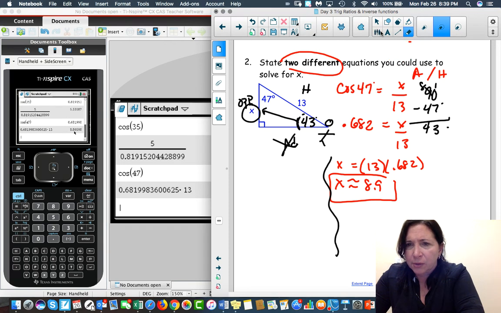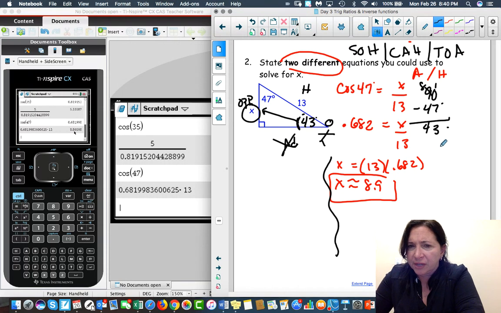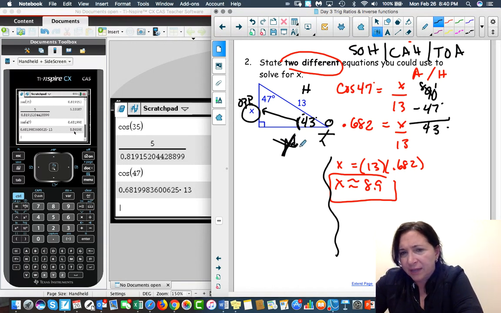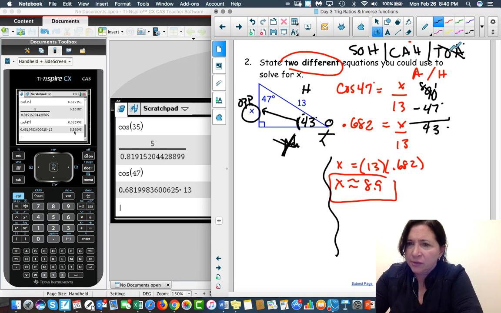So again, I'm going to rewrite this. We've got sine is opposite over hypotenuse. Cosine is adjacent over hypotenuse, and tangent is opposite over adjacent. So because I'm not trying to find the adjacent side, nor do I have it, I'm not going to use tangent because that uses the adjacent side.